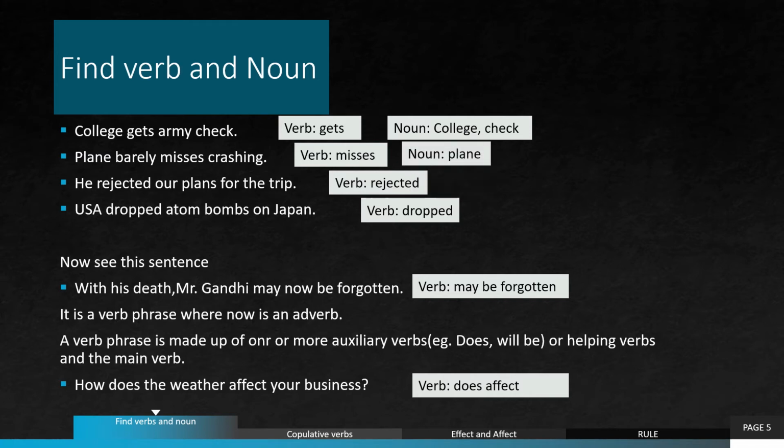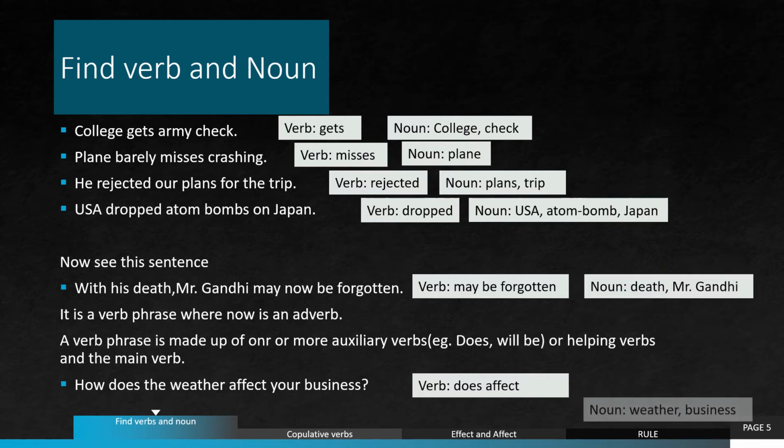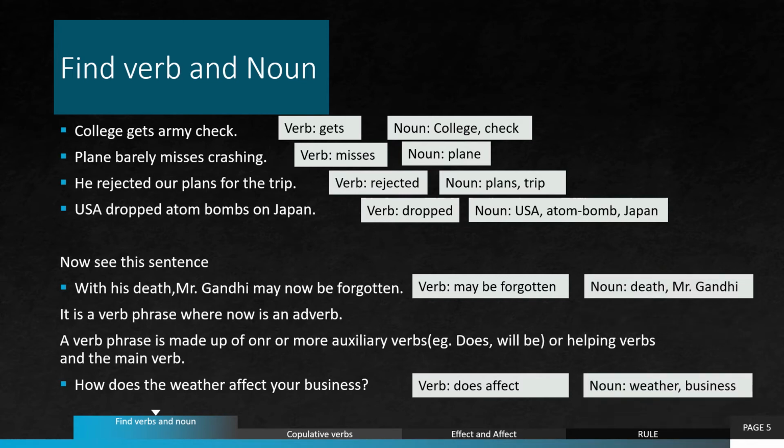In the third sentence, he rejected our plans for the trip, the noun here is plans and trip. He is not a noun, he is a pronoun. USA dropped atom bombs on Japan. The nouns here are USA, the name of a country, atom bomb, a thing, and Japan, another country. In the later sentence, the nouns are death and Mr. Gandhi, and in the last one, weather and business.